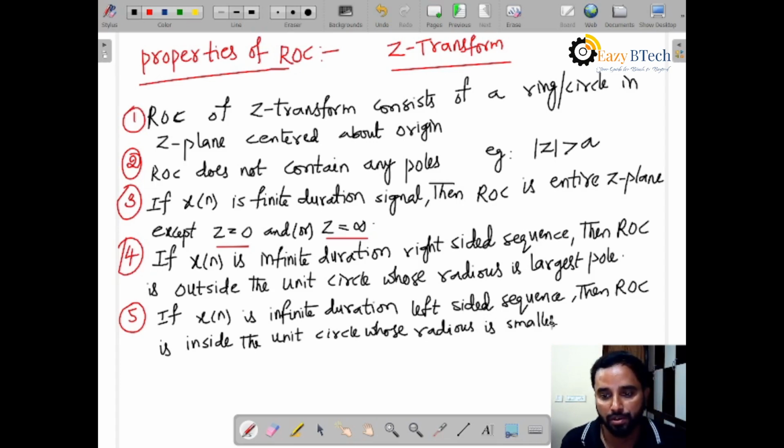Previously largest pole, now the radius is the smallest pole.